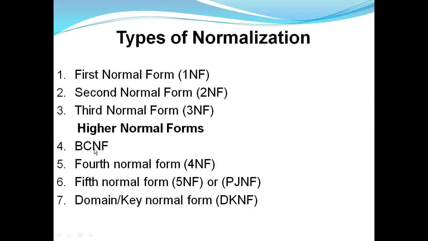That is BCNF, 4NF, 5NF, also called PJNF, and DKNF, the domain key normal form. So we will talk in detail up till the 3NF and one-liners for the next.